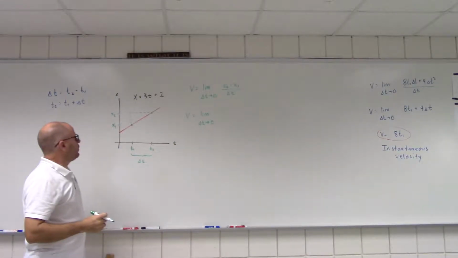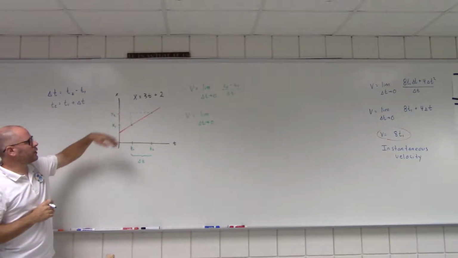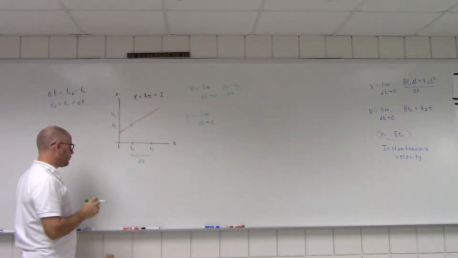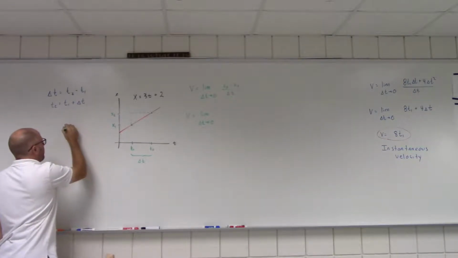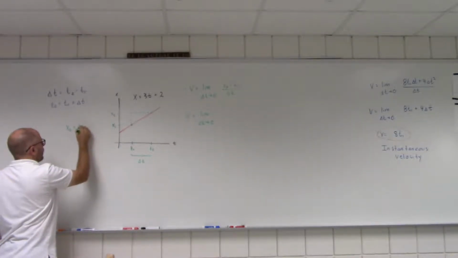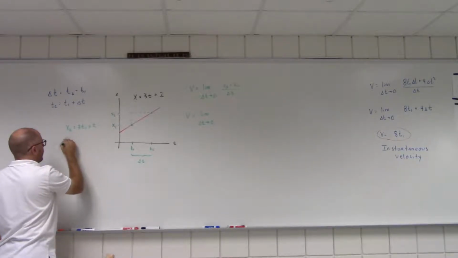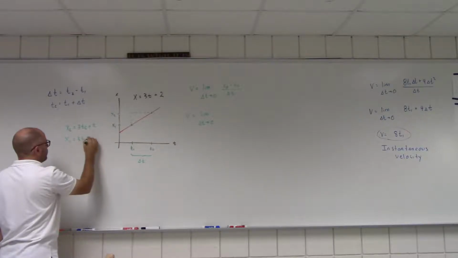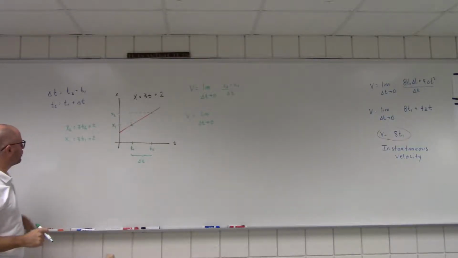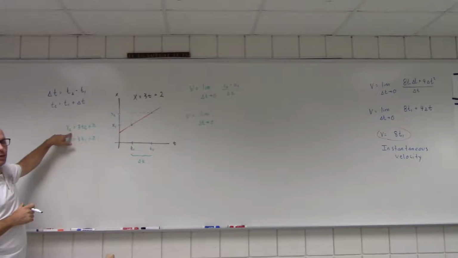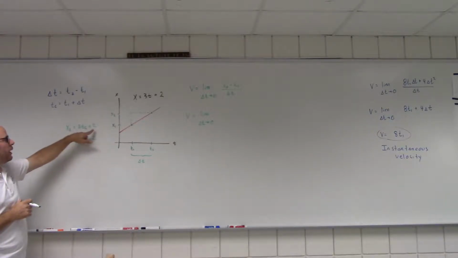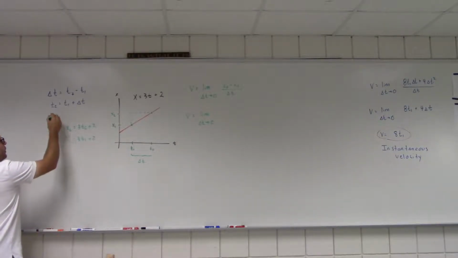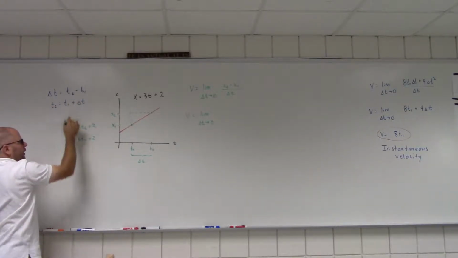So how am I going to express x1 and x2? Well, position at time 2 is equal to 3 times time 2 plus 2. Position at time 1 is 3 times time 1 plus 2. I'm going to use this same substitution here and here.